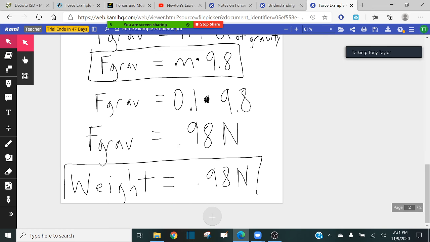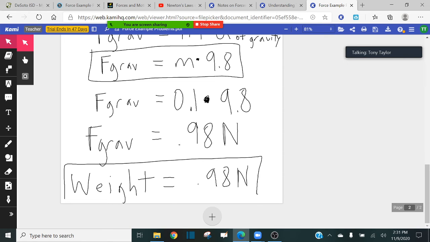And guys, in this class, just know that we typically express weight in newtons. I know in your everyday life you are used to expressing weight in pounds. Just know that in a physics course, physicists typically express weight in newtons.